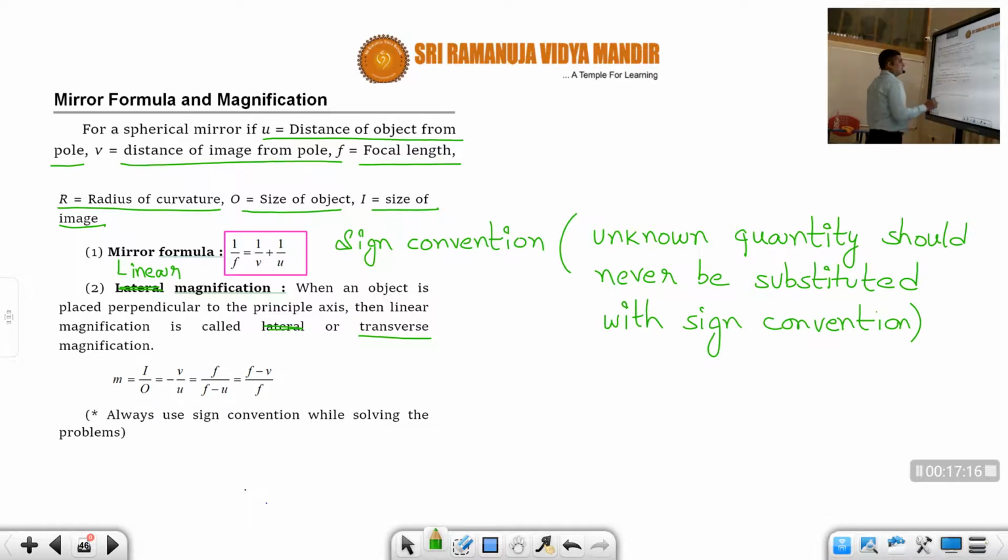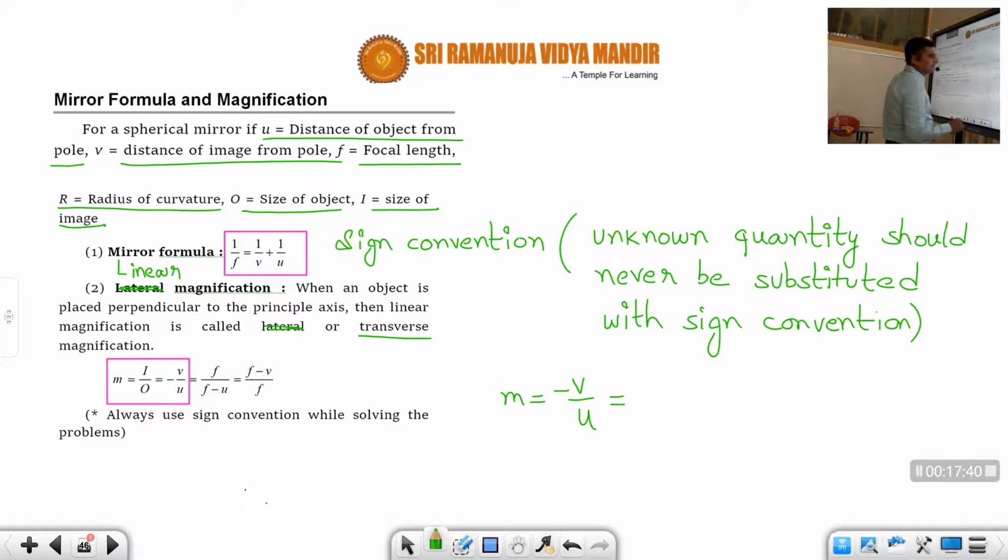When an object is placed perpendicular to the principal axis, the linear magnification, called transverse magnification, is defined as m is equal to I by O is equal to minus v by u.